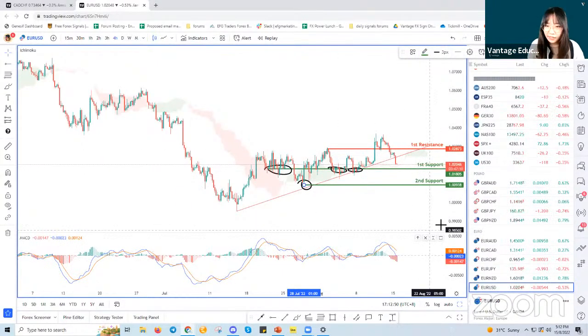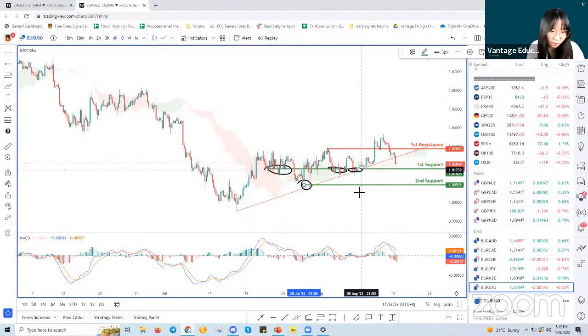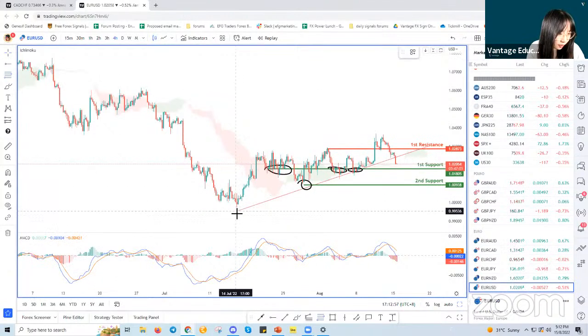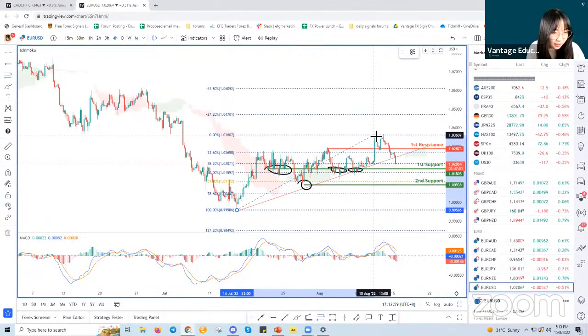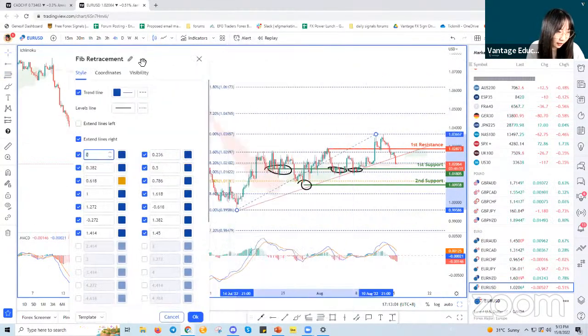Now let's find some Fibonacci levels to help our analysis.